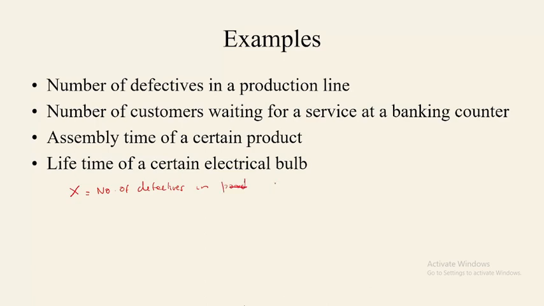Now say that there are 100 items in a production line. The particular production line produces 100 items. So now what are the possible values for X? Can anyone tell? If X denotes the number of defectives, then what are the possible values for X?